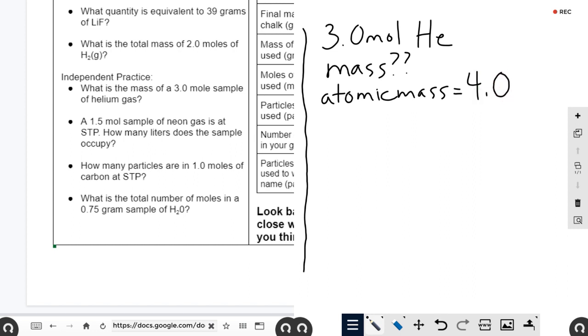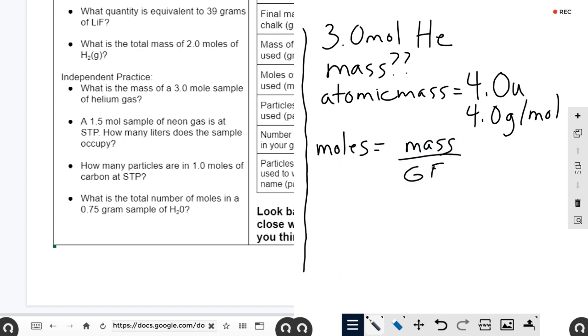So that is also 4.0 grams per mole. I can use the formula on Table T, which says moles equals mass over gram formula mass. The moles I have is 3.0.